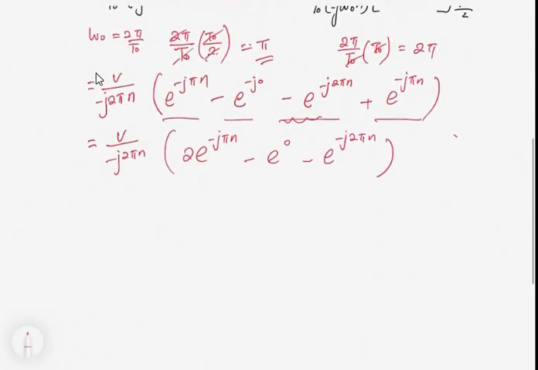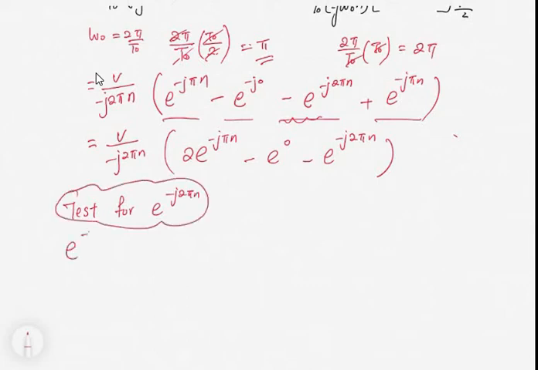Alright, so you have these whole things, and then you can test what is the value for n. Okay, let's test for e to the minus j 2 pi n.